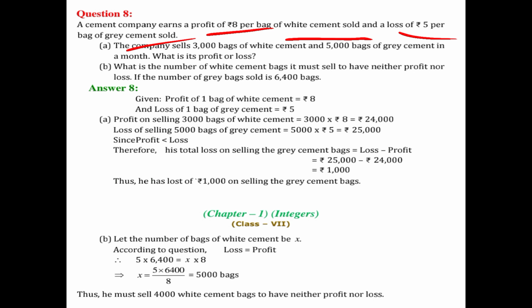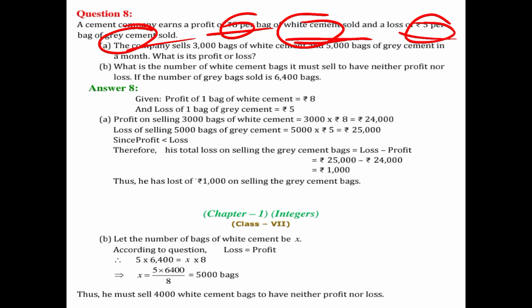The company sells two types of cement: white cement and grey cement. For white cement, the company earns a profit of 8 rupees, but there is a loss of 5 rupees per bag of grey cement sold.